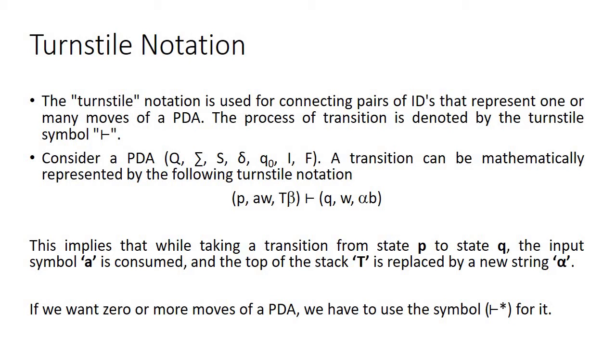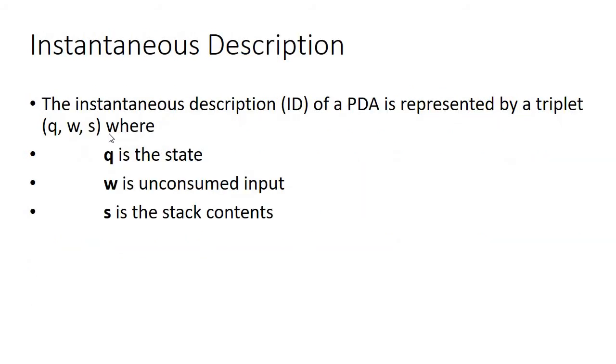If we want to establish the overall transition function scheme, we need to know what the turnstile notation is. The turnstile notation is used for connecting pairs of instantaneous descriptions, which we have studied here, this ID.